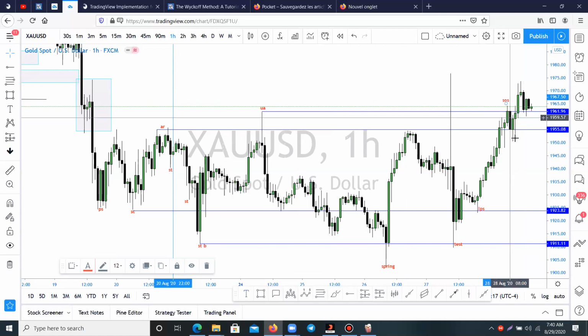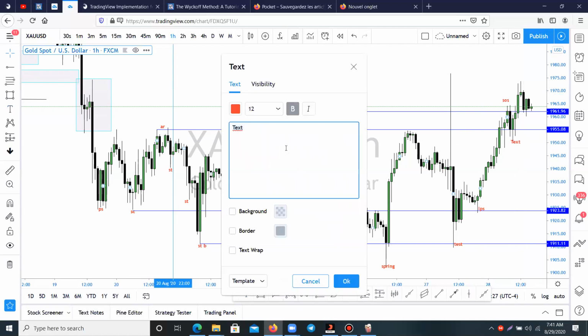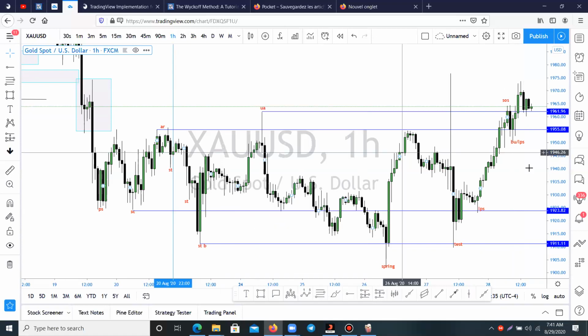Then down here, how do you call this one? This is also last point of support. Backup, one more opportunity to enter. This is the backup, BU as LPS. Then the market goes up.